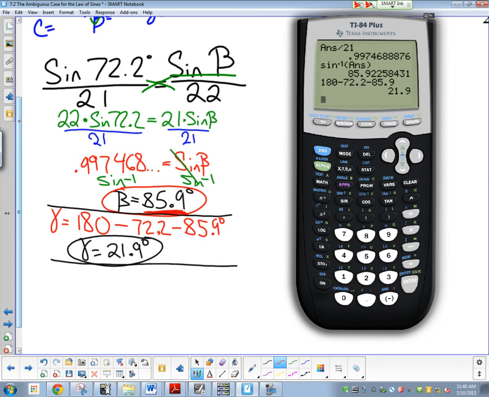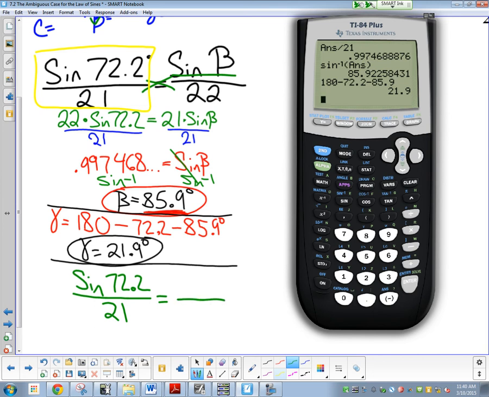Okay, remember in the very beginning here, we set up a law of sines using this proportion. We're going to use that proportion again. So sine of 72.2, that's alpha, over A, which was 21. That is going to be equal to, what are we solving for?